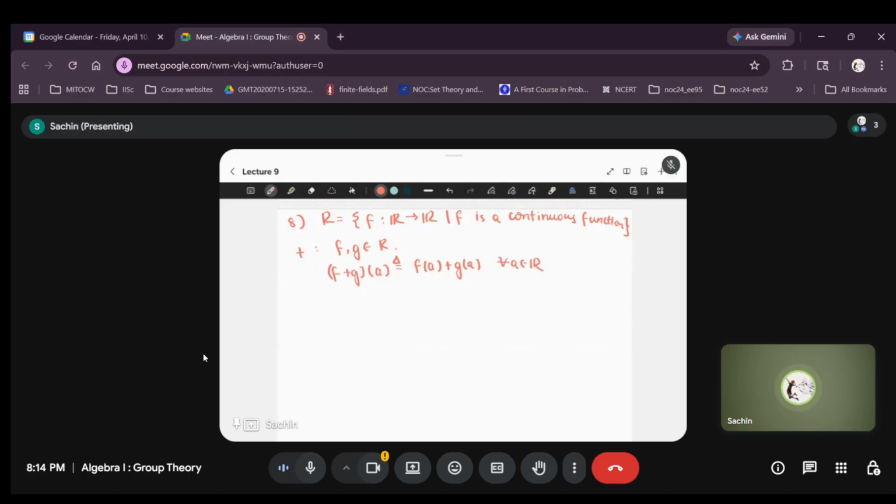Multiplication is also pointwise. f times g of a is f of a times g of a. So the sum function is simply the sum of the individual functions at each point. The product function has the value of the product of the two functions at each point.